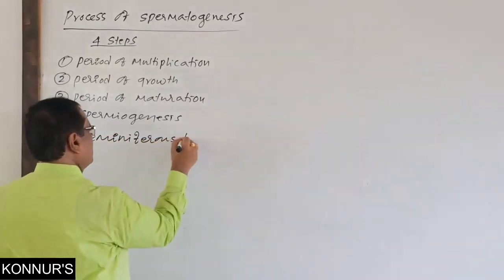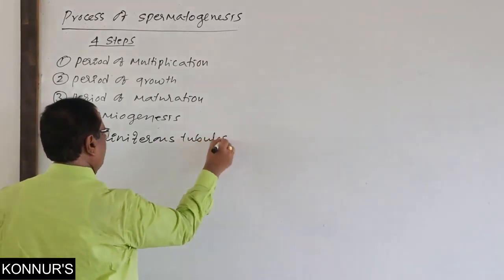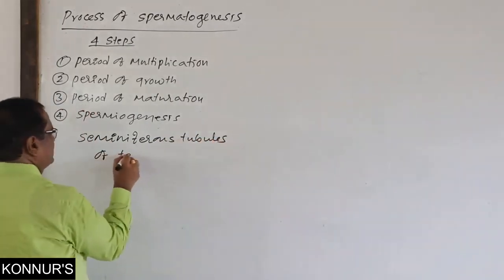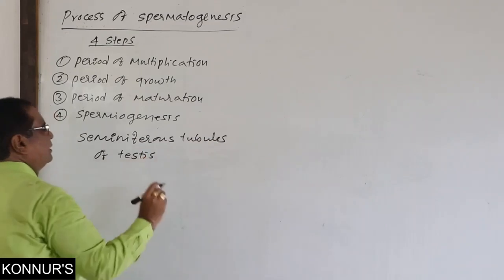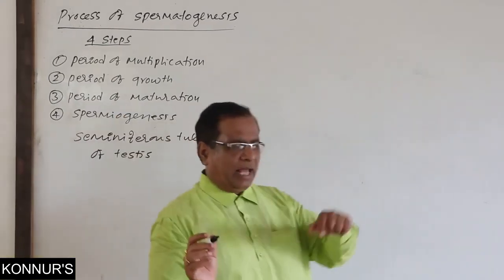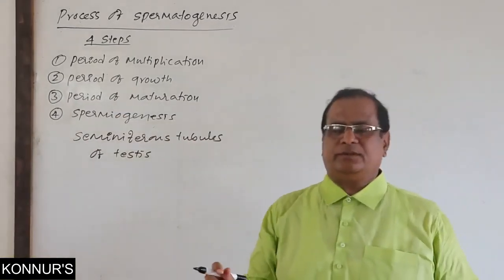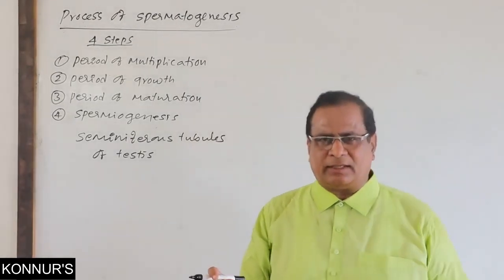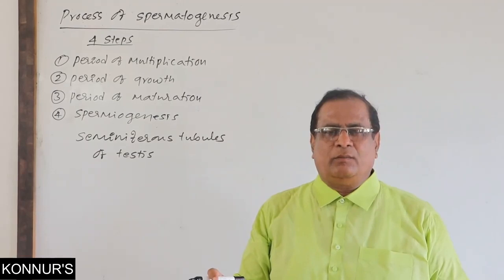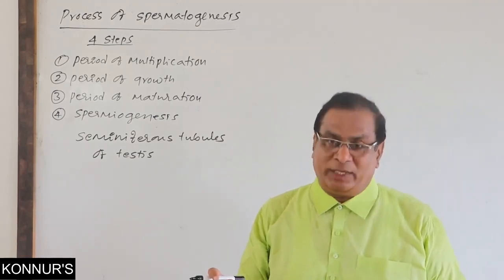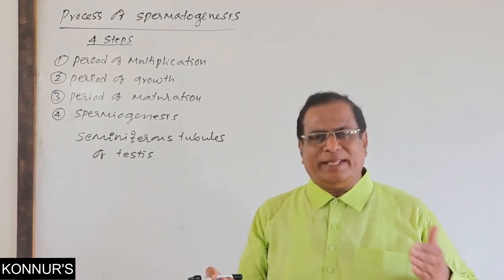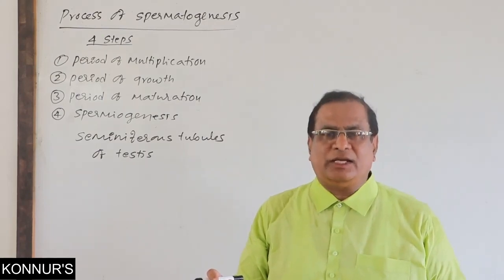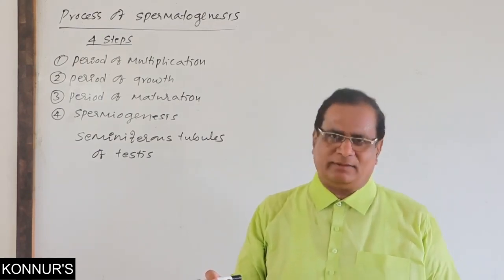In the lining of seminiferous tubules, already we know that 2 types of cells are there. Most of them are spermatogonial cells. Along with them, nourishing Sertoli cells.